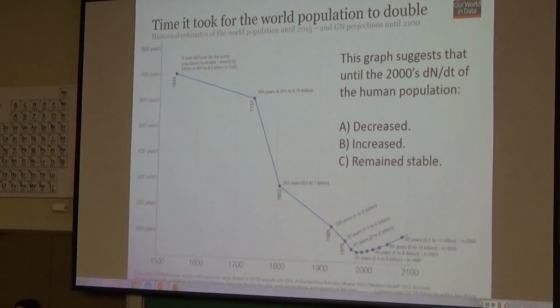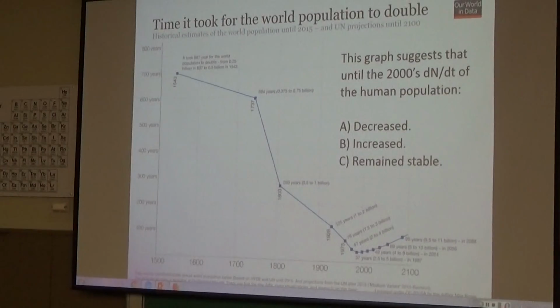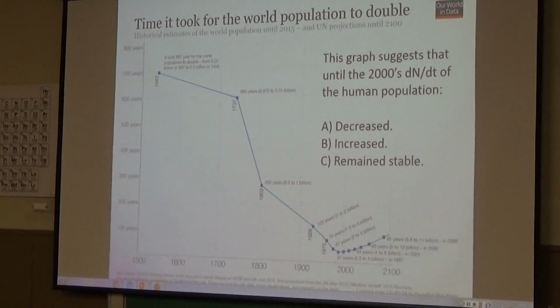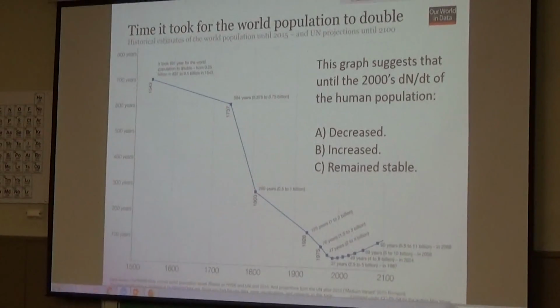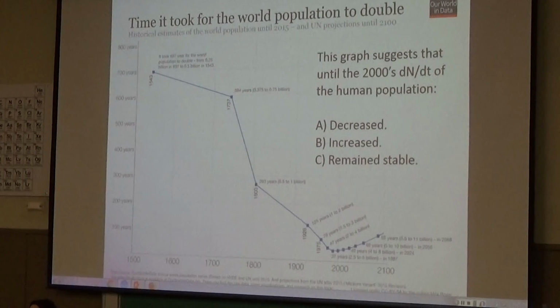Population growth? Wouldn't the population growth as the time gets smaller? Just taking less time for it. So it's increasing. Yeah. There we go. It's taking us a little longer. That's predicted. Until the 2000s. Exactly.